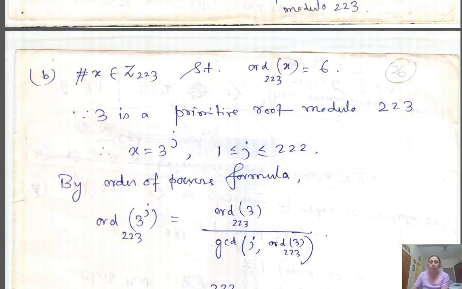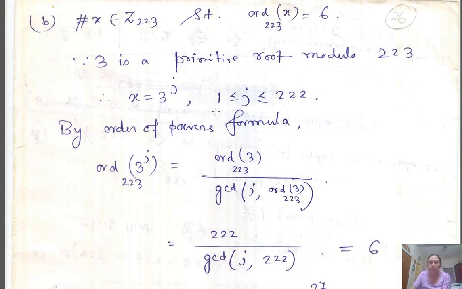Now apply the order of power formula. How many j's are there for which this order is 6? Order of x, which is order of 3 to the power j, is order of 3 divided by GCD of j and order of 3.